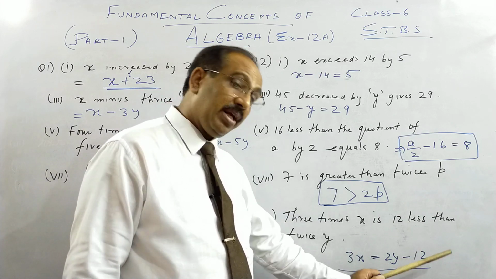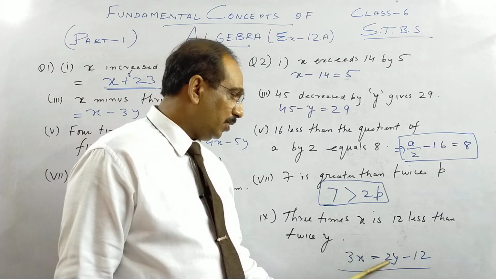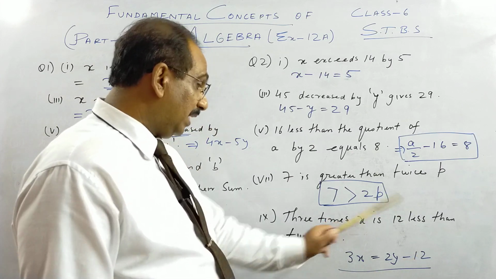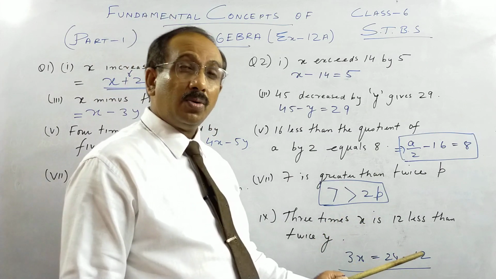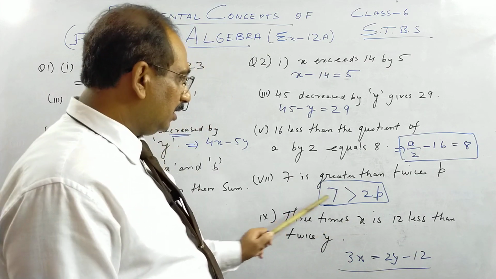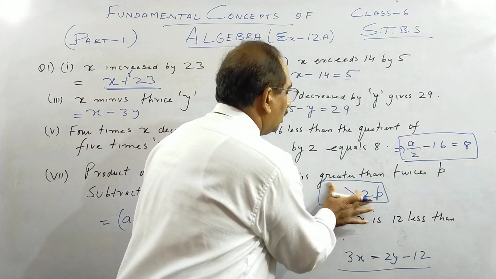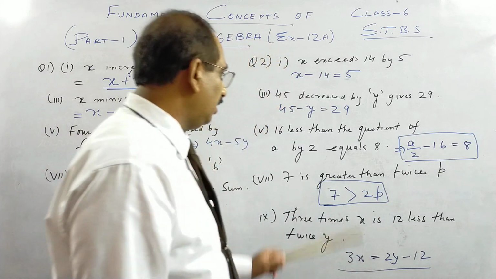So 2y minus 12. Don't do the opposite; 12 minus 2y you don't do. 12 less than twice y, not twice y less than 12. So here 7 is greater than 2y.